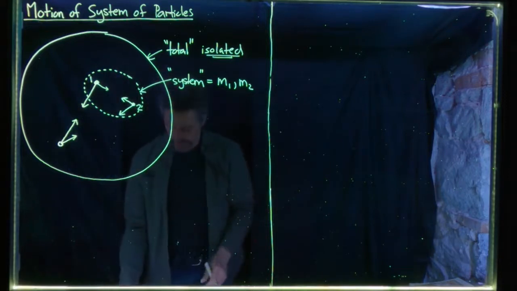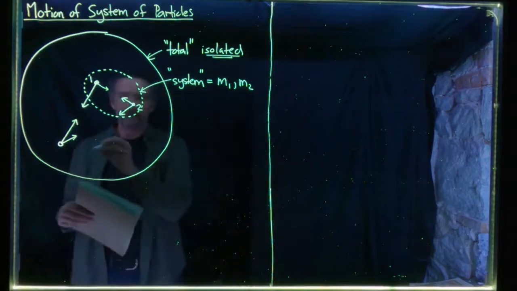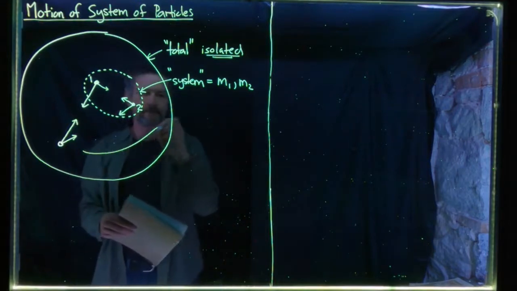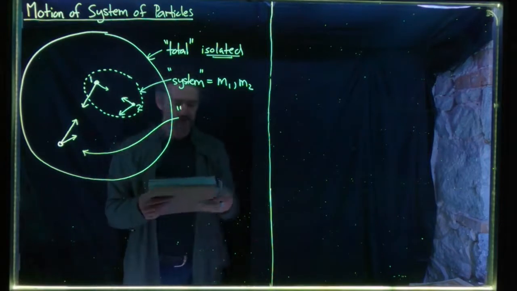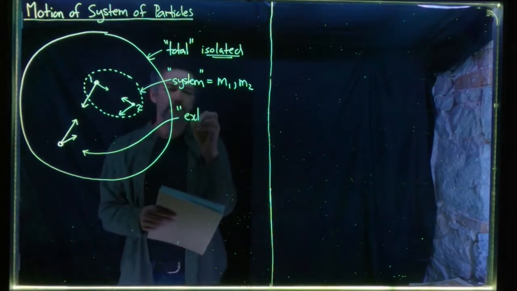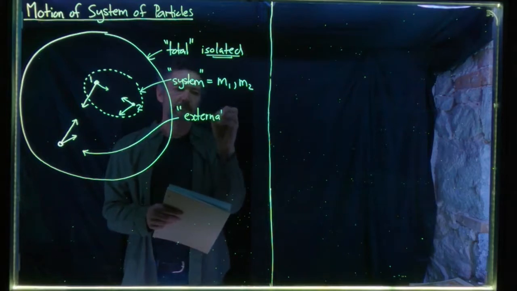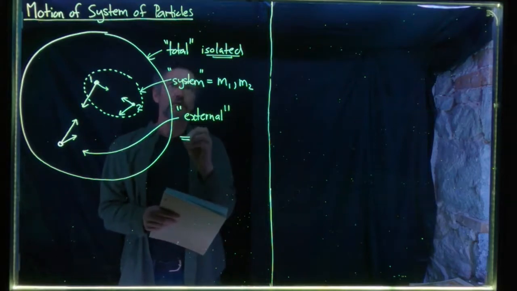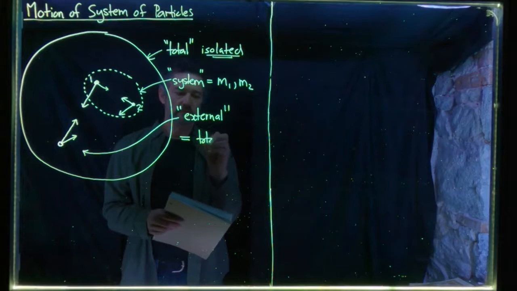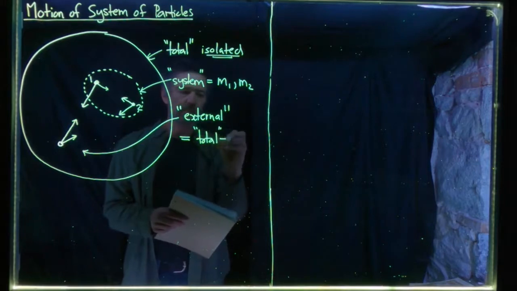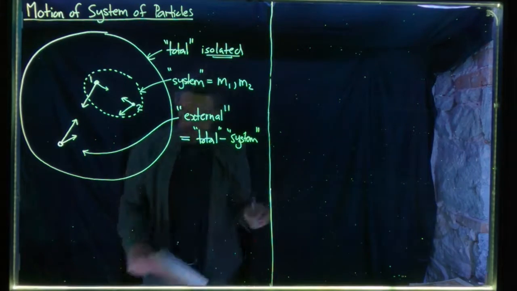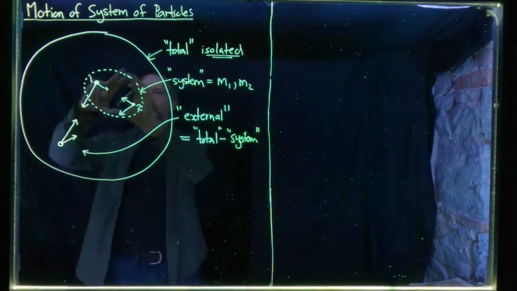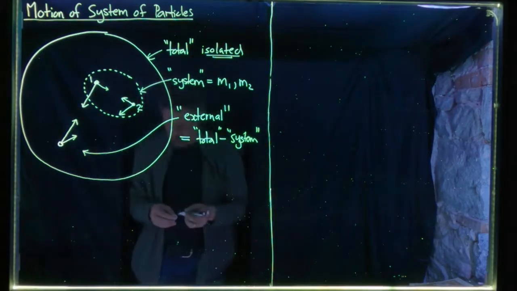The Sun in this example is going to be external to the system. So the external is equal to the total, all three particles, minus the system. It's everything outside of the system that we're focusing our attention on.